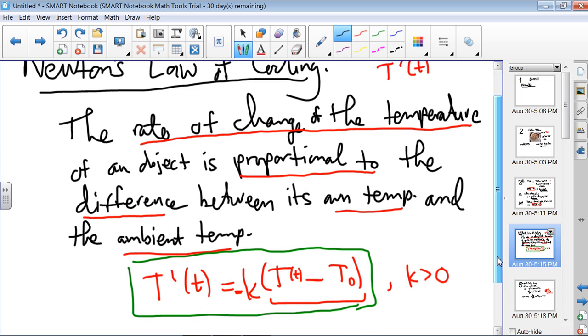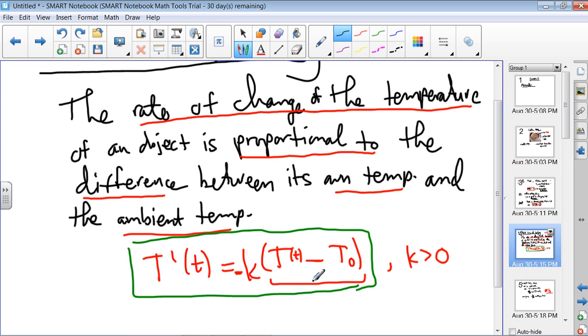So for homework, I actually want you to solve this equation and see if you can come up with the temperature for coffee. And if you're interested at some point, then maybe you can model this temperature for your particular coffee problem and see if it agrees with the actual coffee temperature profile that you would get if you left coffee out to cool.